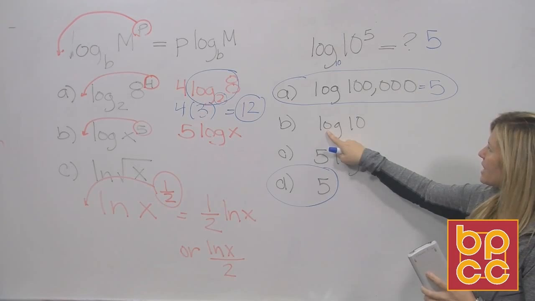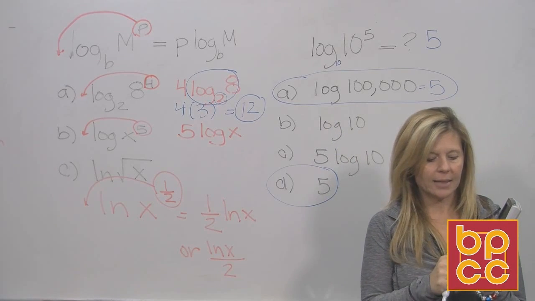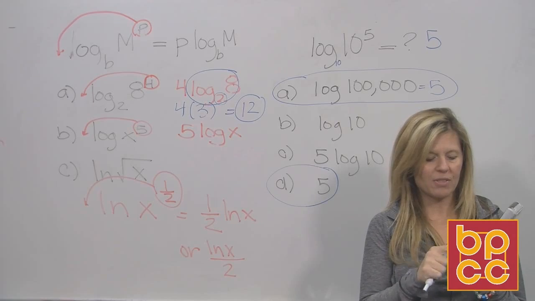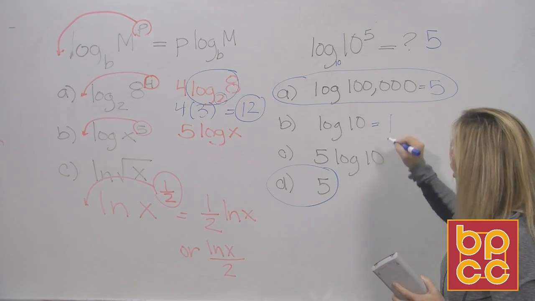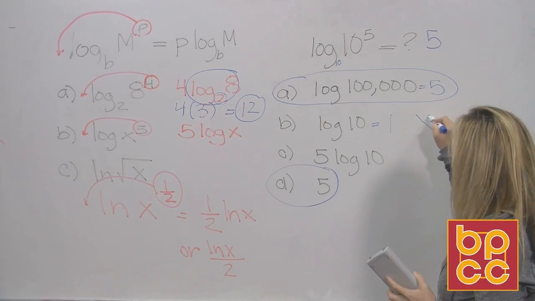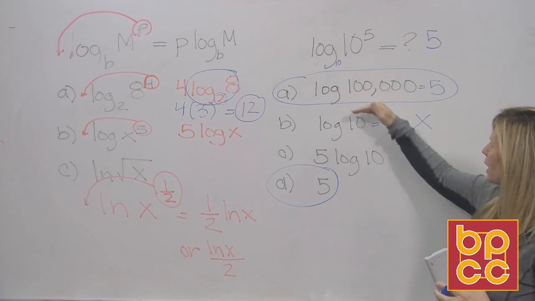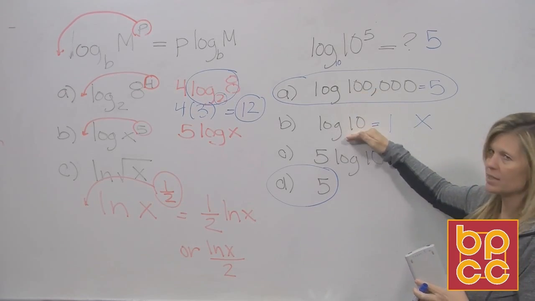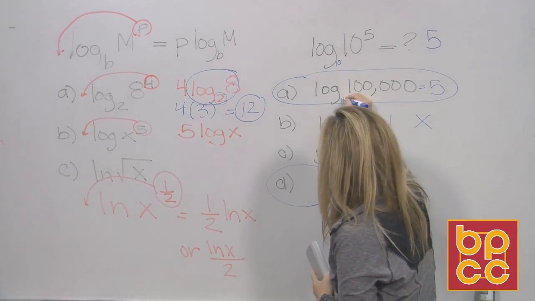Let's do the next one. This says log 10. So we're going to type log, hit the number 10, close parentheses, hit equals. Does this spit out 5? Nope, this one spit out 1. That's not the same answer. So if everybody looks, let me explain why this spit out a 5 and this one didn't. Again, what's the invisible base? 10.